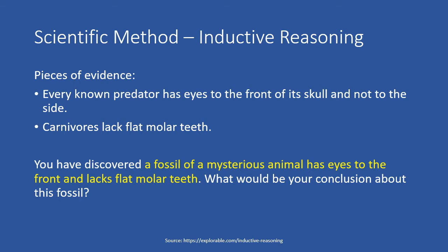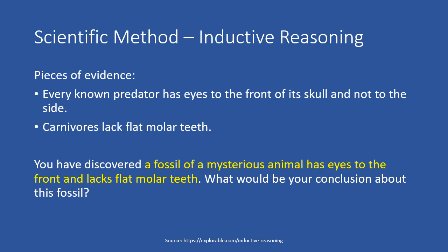Let us now explore more about inductive reasoning. Consider the following pieces of evidence on ancient predators. Every known predator has eyes to the front of its skull, and not to the side. And, carnivores lack flat molar teeth. Now, you happened to discover a fossil of a mysterious animal that has eyes to the front, and lacks flat molar teeth. What would be your conclusion about this fossil?